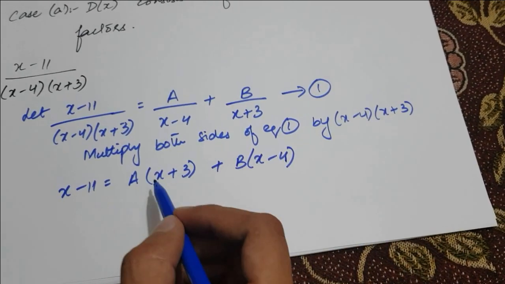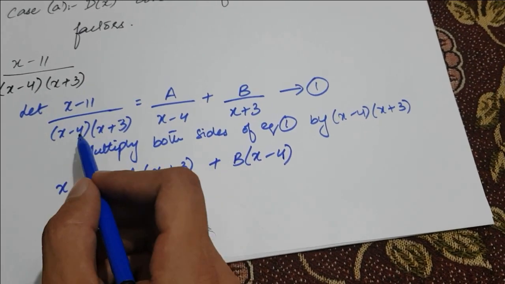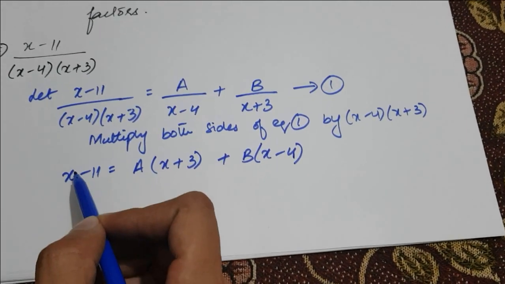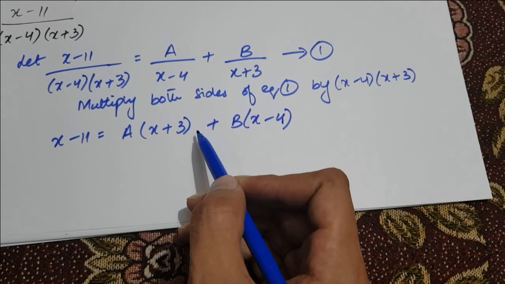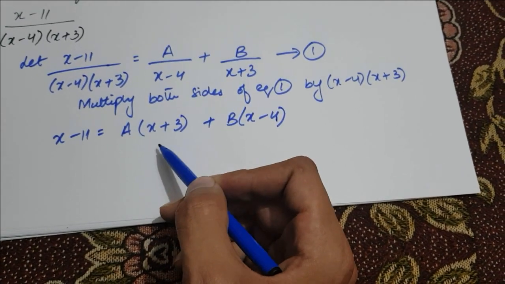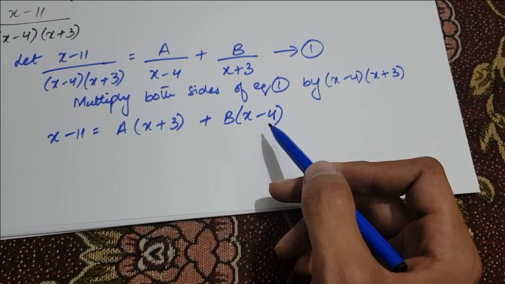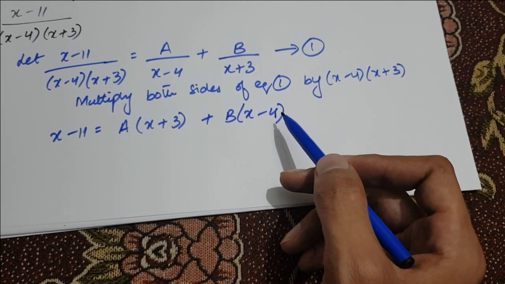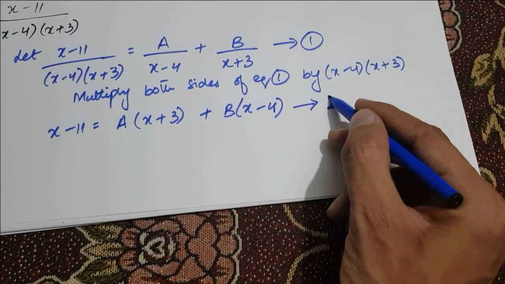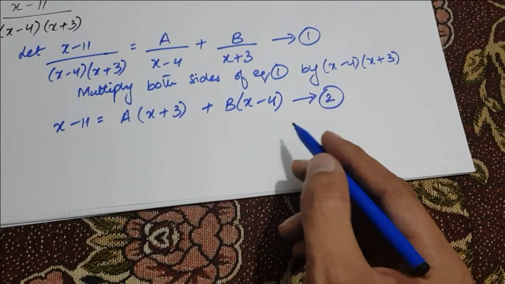Since multiplying by (x minus 4) into (x plus 3) cancels out the denominator on the left hand side, and on the right hand side it cancels out x minus 4, which is the denominator of A, and x plus 3, which is the denominator of B. We name this equation as equation number 2.